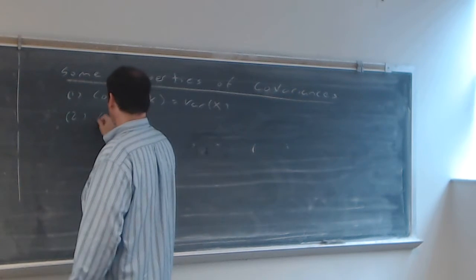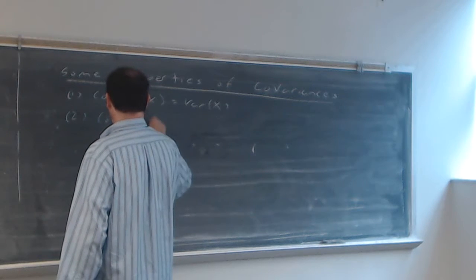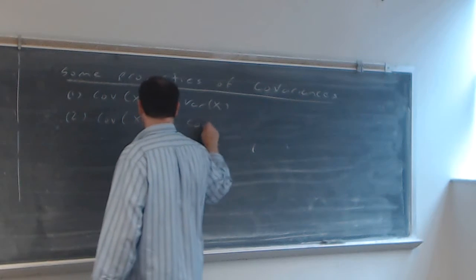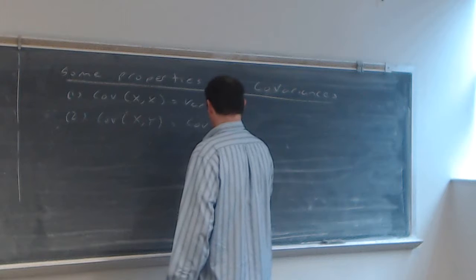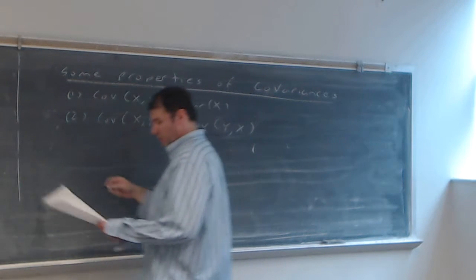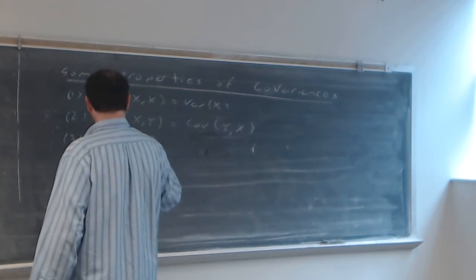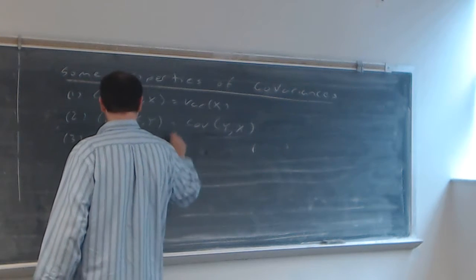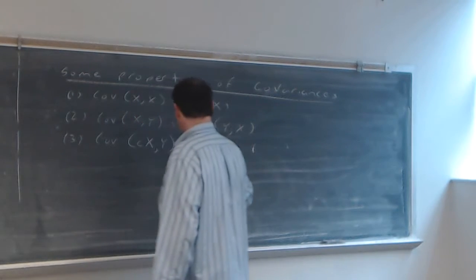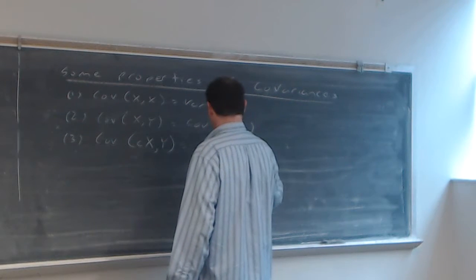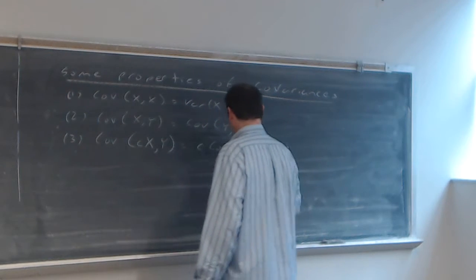Two, the covariance between x and y is the same thing as the covariance between y and x. Thirdly, the covariance of a constant times x with y is equal to c times the covariance between x and y.